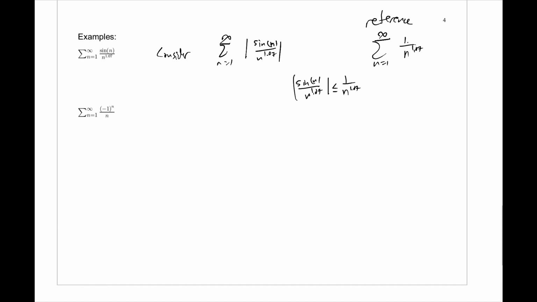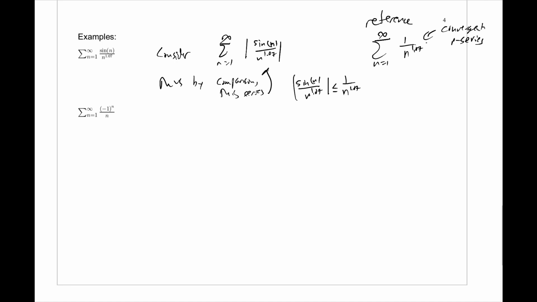So these terms are less than or equal to those terms, and thus, by the comparison test, this series is convergent. Why? Because I should have mentioned this before. This is a convergent p-series. So let me state that again.